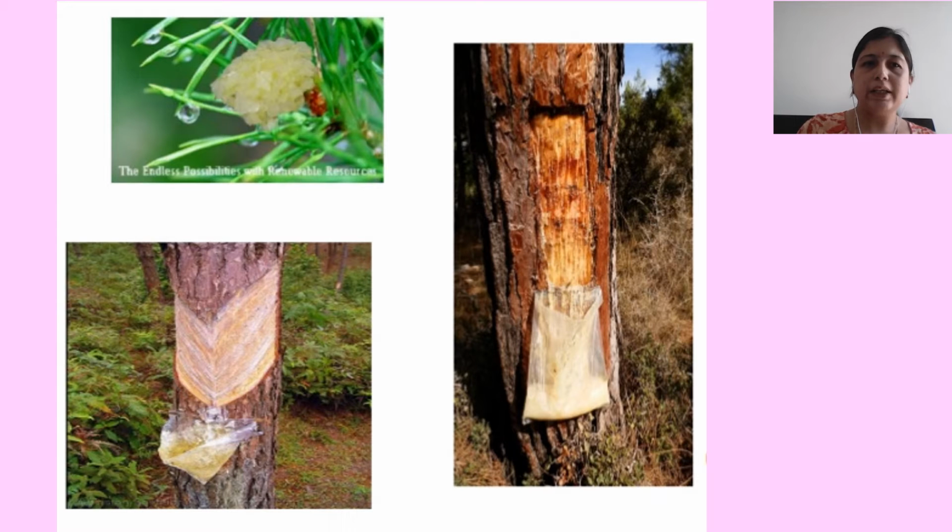You can see these are encrustations of certain insects, which, with the help of plant substances as well as the insects' enzymes, together produce encrustations which are resinous in nature. This is how it is collected in various poly bags, or different modes of incisions are made so that the collection is efficient enough.